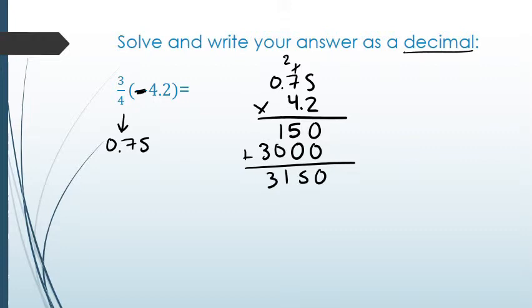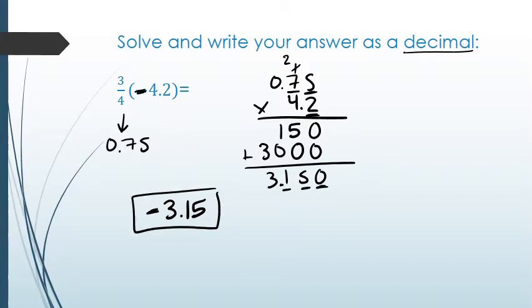And then with decimals, I have 1, 2, 3 places in the numbers I'm multiplying. So I'm going to have 1, 2, 3 places in my answer. So I get 3 and 15/100ths. And then again, because it's a negative being multiplied by a positive, I'm going to get a negative answer. So I should have -3 and 15/100ths.